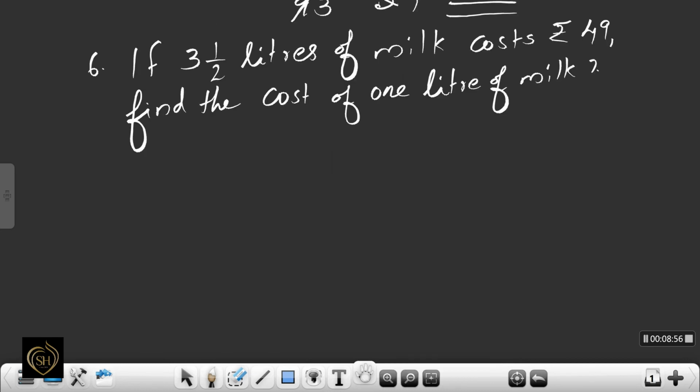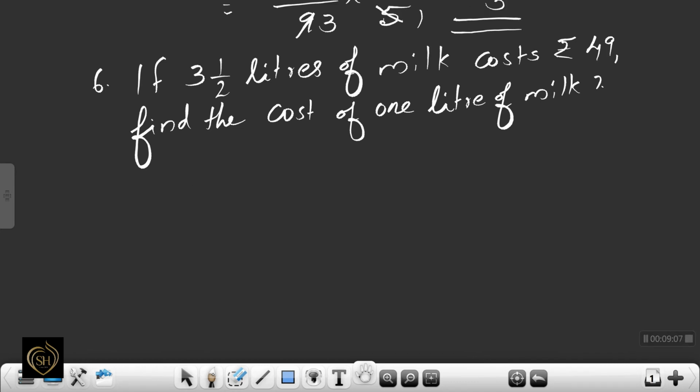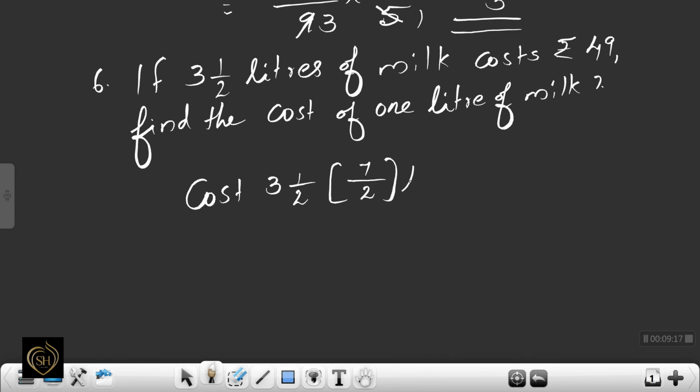Question number 6: if 3.5 liters of milk cost rupees 49, find the cost of 1 liter of milk. Here we write the given data. First, the cost of 3.5 liters. 3.5 we can write as 7 by 2 liters. Liters of milk is equal to rupees 49.